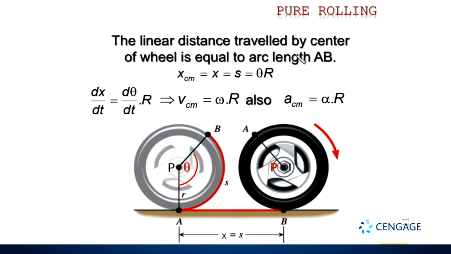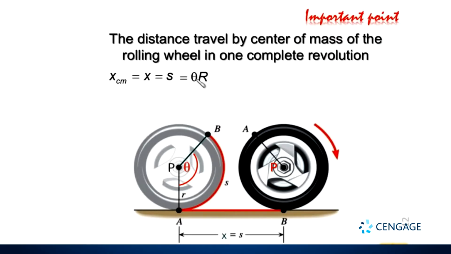Now we can say in one complete rotation, each and every point on the rim will come into contact with the ground only once, and here this theta should be equal to 2 pi. For one complete rotation, this angle rotated should be equal to 2 pi. So this displacement, with theta equal to 2 pi, is equal to 2 pi r, and 2 pi r is nothing but the circumference of the rim.